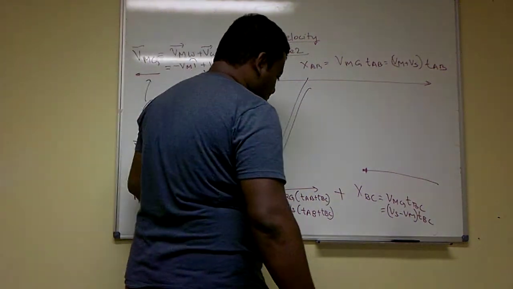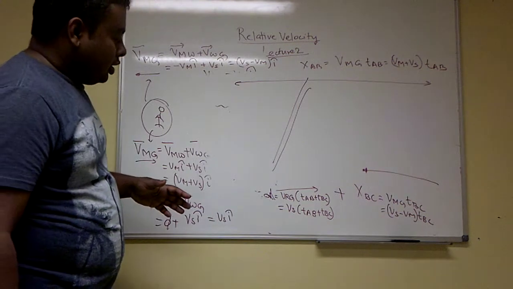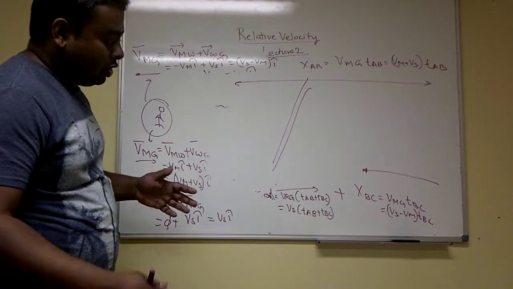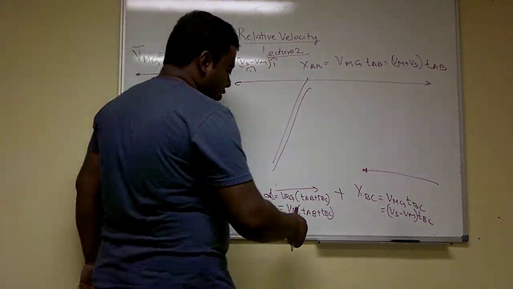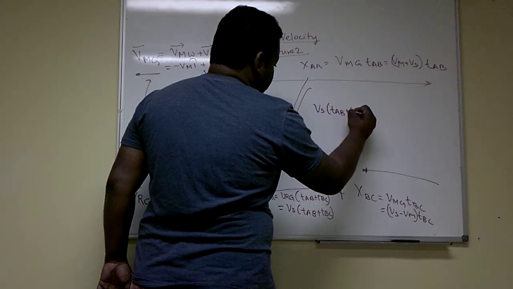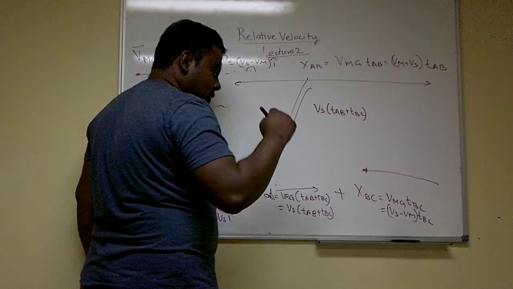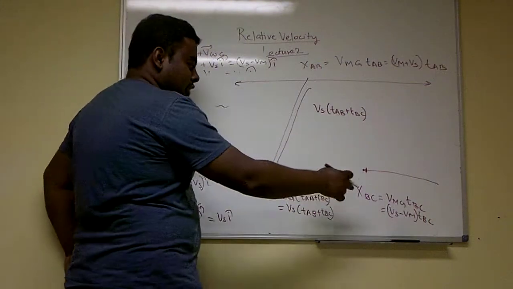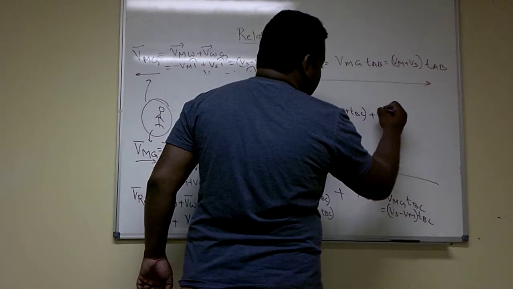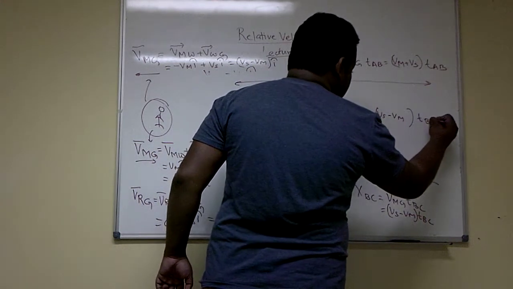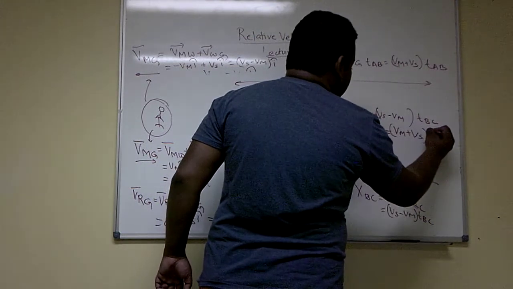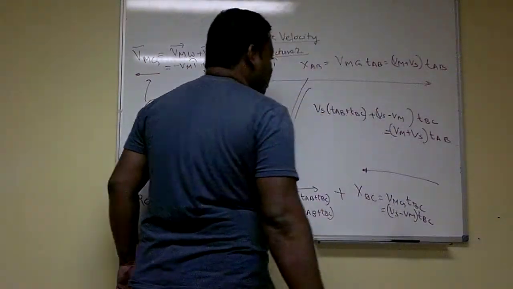So that's what we are going to do now. This will be Vs TAB plus TBC plus Vs minus Vm TBC equals Vm plus Vs TAB.